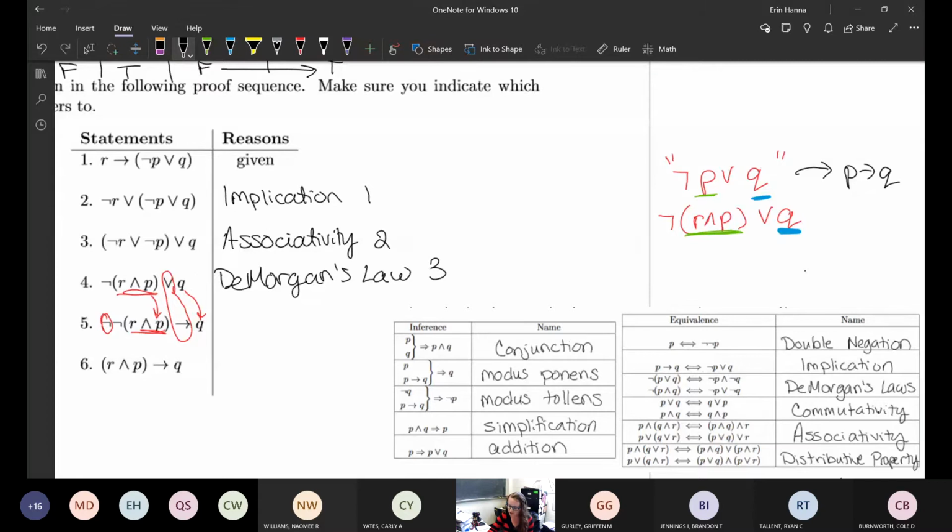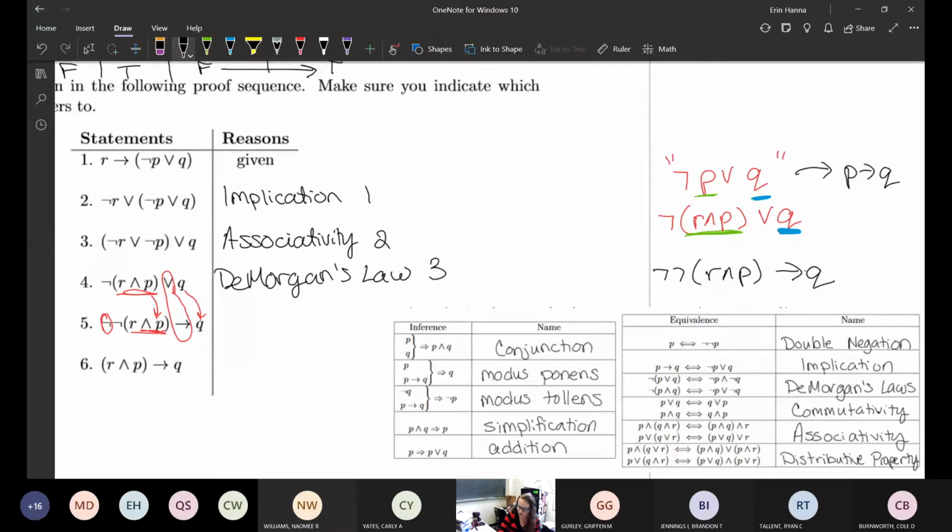So we change from a not P to a regular old P, which can almost be thought of as negating it. I know negating and negative, we're going to use the double negation in a second. But instead of thinking of it as removing the negation, you can think of negating it. So that's why I pull up a negative negation of R and P implies Q. Again, I probably should have written that differently in the statement, but that's my bad.